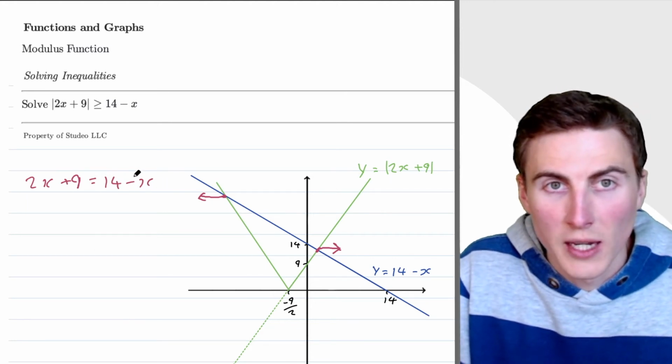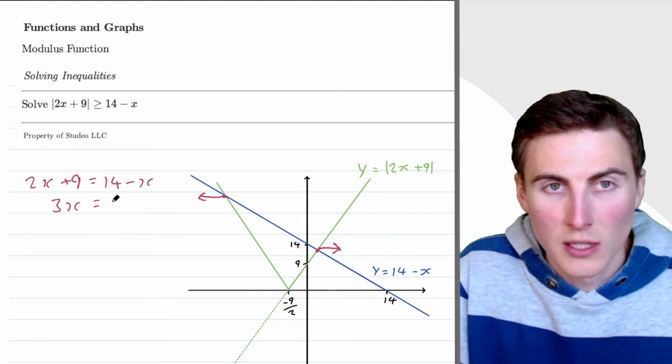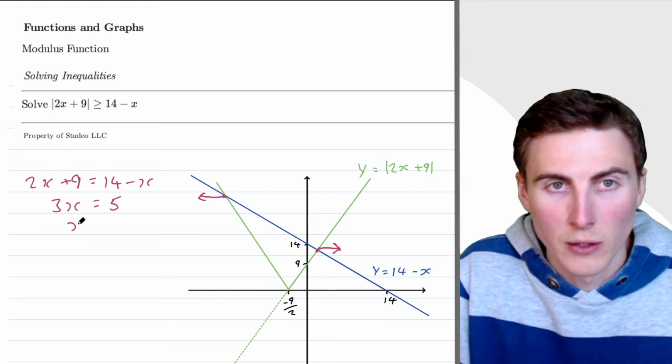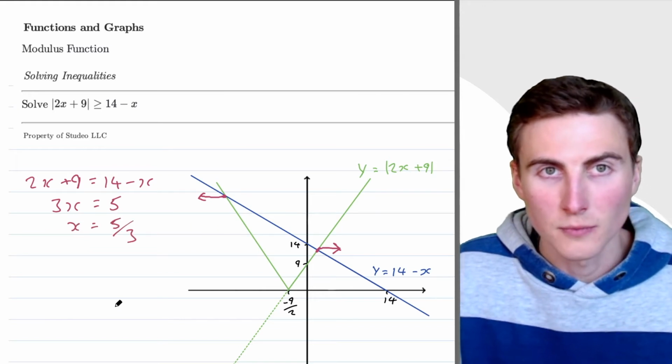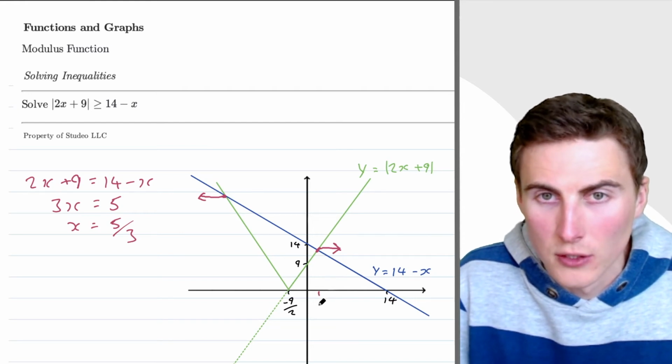Then to solve that, we add x to both sides to get 3x, and take 9 from both sides to get 5. That will give us x = 5/3. So we now know that this point here is 5 thirds.